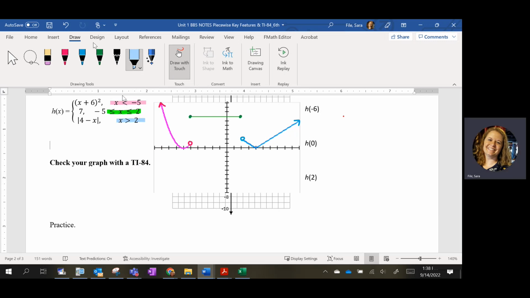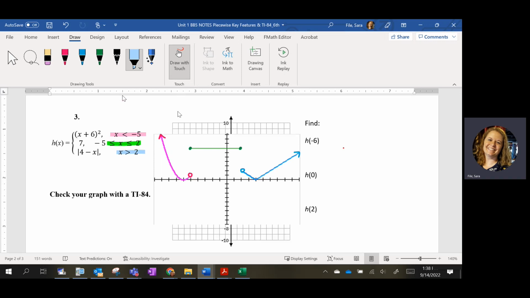All right, now evaluating. You can evaluate using this graph or using the equation. Step one, we put this in the quick notes when we did that exploration yesterday: first figure out what domain this input belongs in.